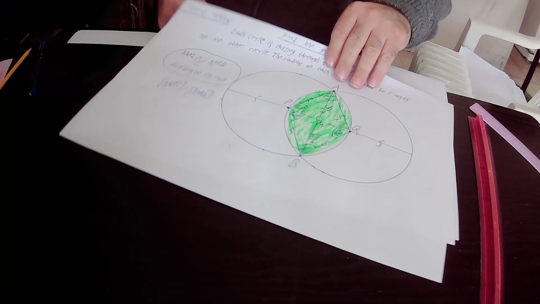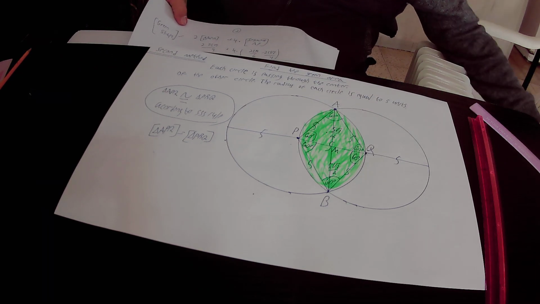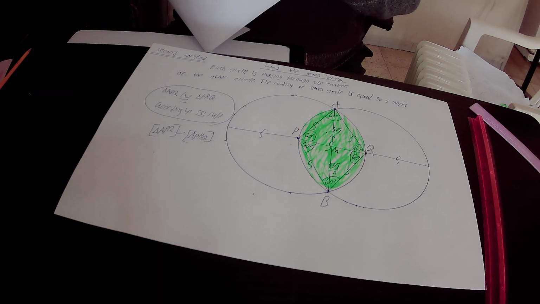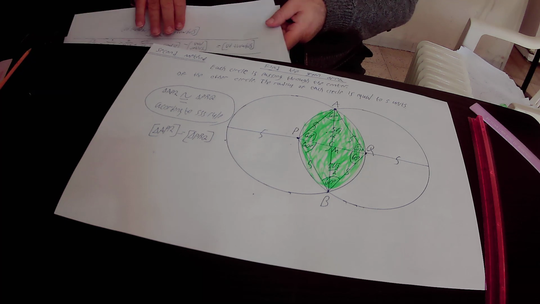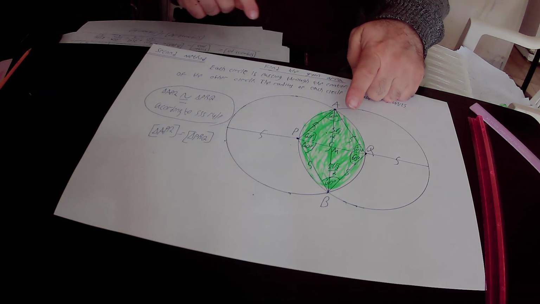In the second method, we did the same construction as the first method. And here we have two equilateral triangles.